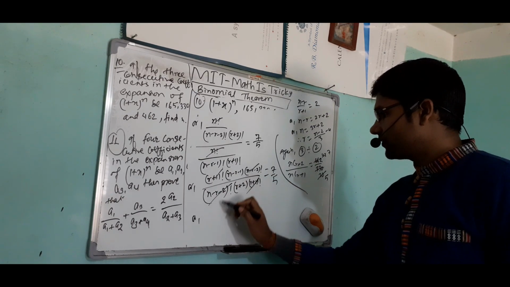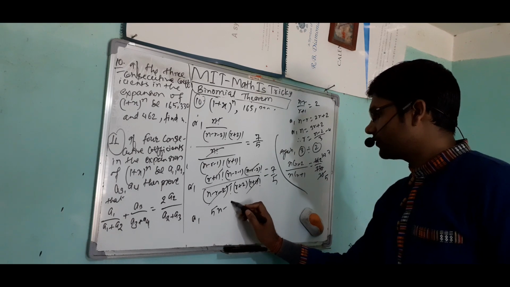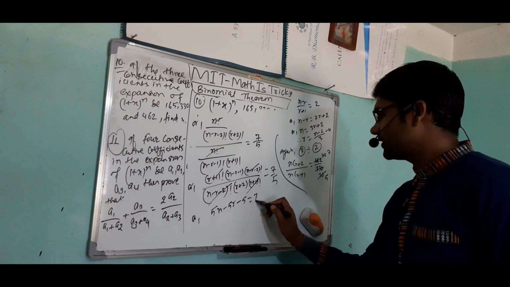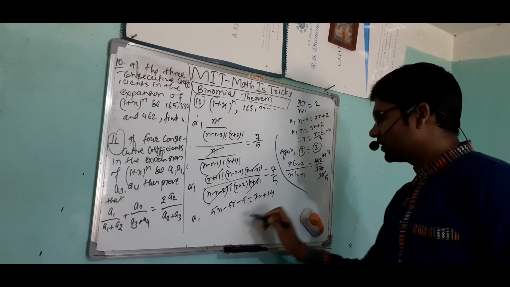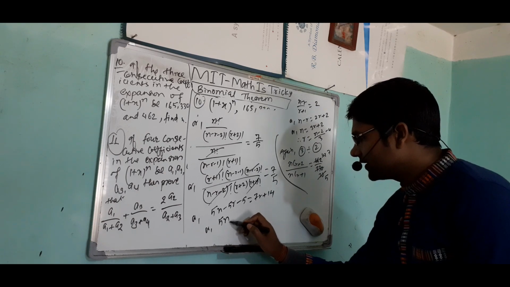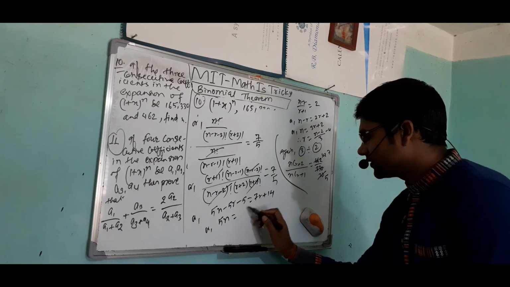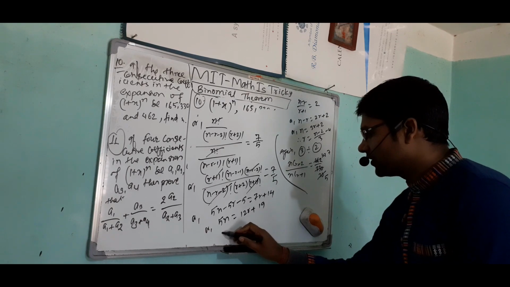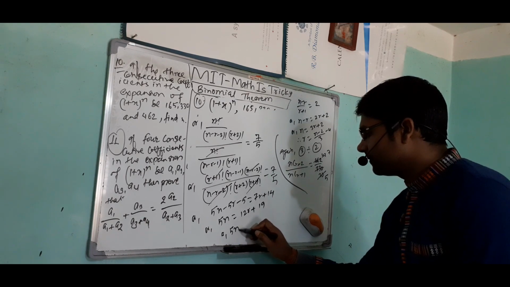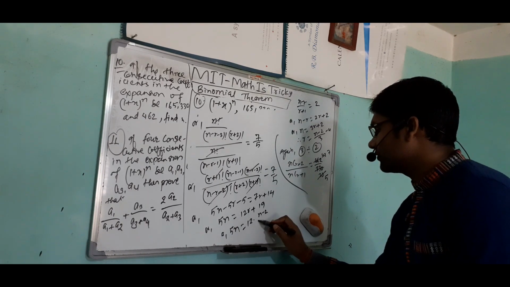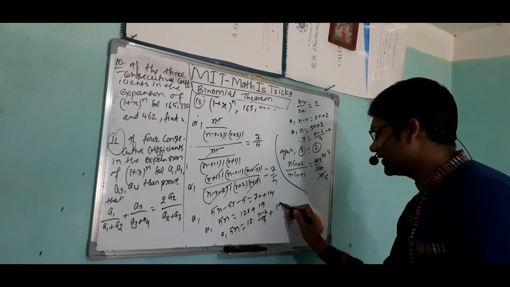We get the answer 5n minus 5r minus 5 equals 7r plus 14. So it will simply be 5n equals 12r plus 19, or 5n equals 12 times (n minus 2) by 3 plus 19.